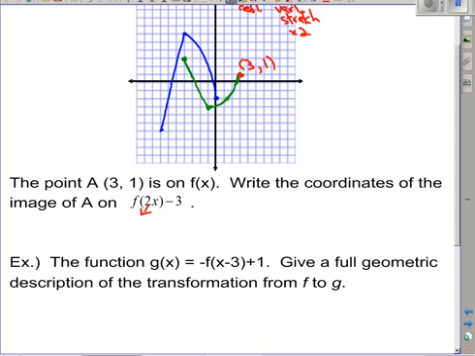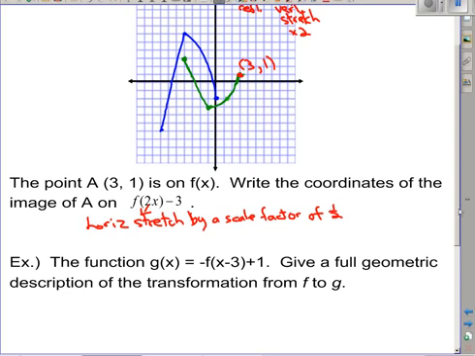The 2x is causing a horizontal stretch by a scale factor of, remember for horizontal stretches, it's going to be the reciprocal of that number, so by a factor of a half, meaning it's kind of half as wide out from the y-axis.